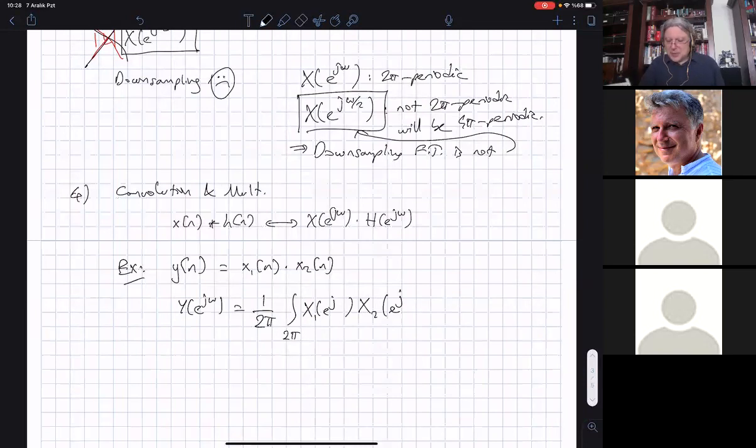So X1 of tau, X2 of t minus tau. Instead of tau, I have to use something else because tau is related with t. So for omega, I use, let's say, theta. This is like tau. And t minus tau in the second one is omega minus theta. d tau is d theta.